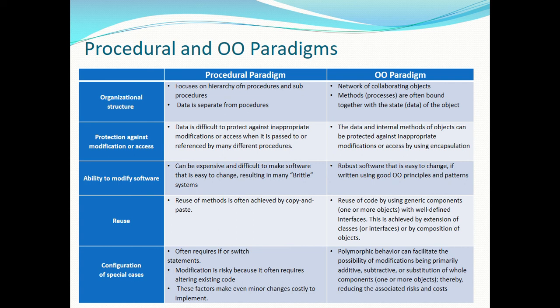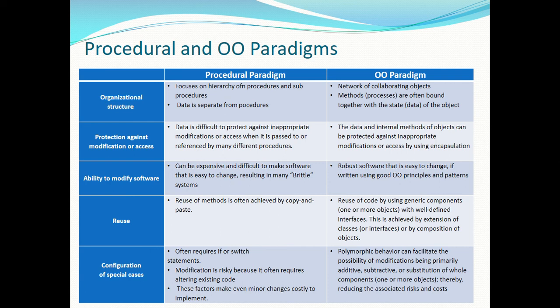So it is a little bit more expensive, needs more time, and is not easy to change. We can reuse some of the code in object-oriented programming anywhere in the same program or in other programs. But in a procedural language, the only way to reuse the code is to copy and paste it. So this is repetition and a waste of time.